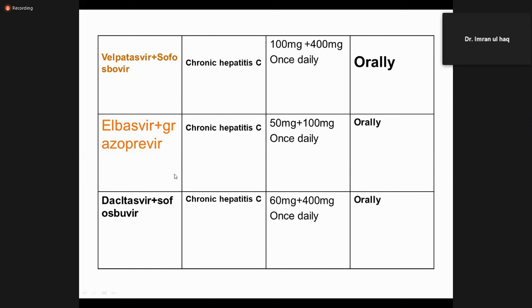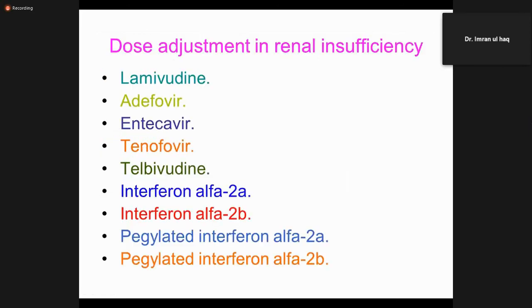So another, daclatasvir plus sofosbuvir: 60 milligram of daclatasvir, and again, just like before, the standard dose of sofosbuvir is 400 milligram once daily. So individually, we have velpatasvir, sofosbuvir, elbasvir, grazoprevir, and daclatasvir, sofosbuvir, right? These are the drugs that we use in the treatment of hepatitis C, and they are given orally.